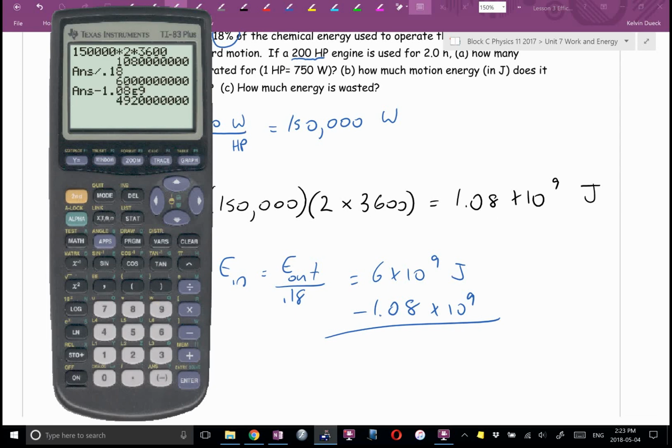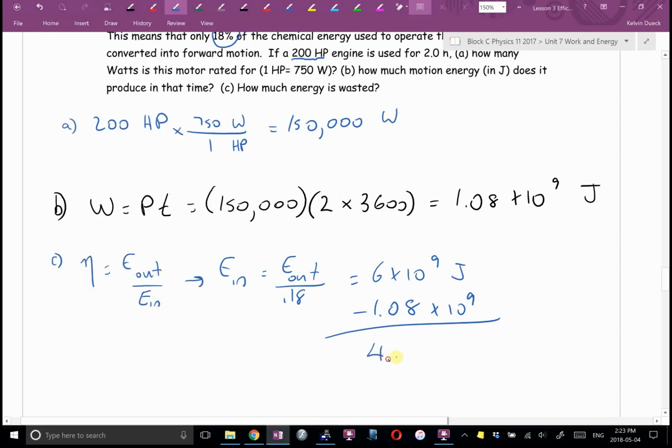And I get 4.92 times 10 to the 9th, which is also 82% of the energy because it's only 18% efficient.